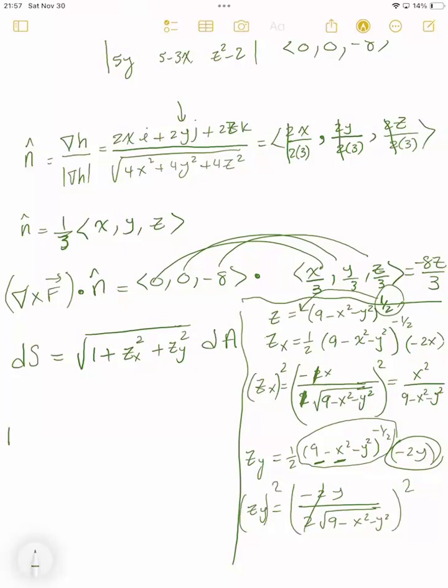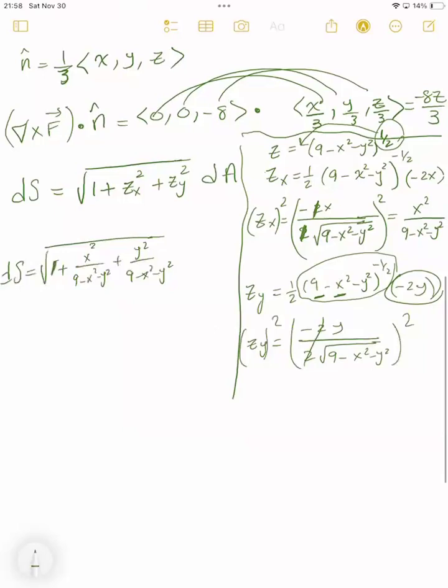So let me write what I have. 1 plus x squared over 9 minus x squared minus y squared, plus y squared over 9 minus x squared minus y squared. I can write 1 as this denominator over itself, because I want to find a common denominator and add the fractions.